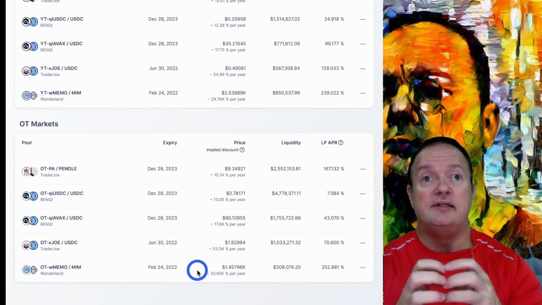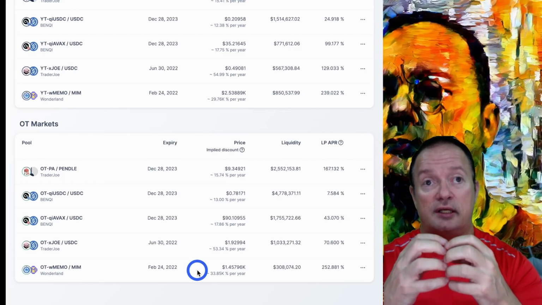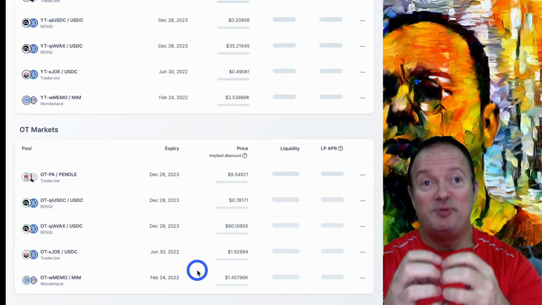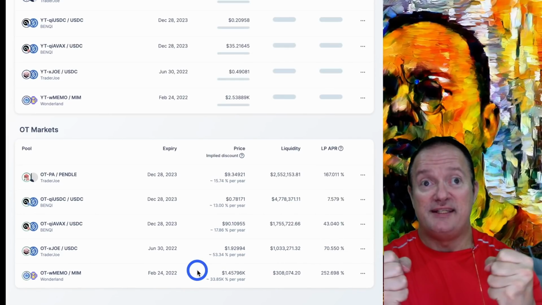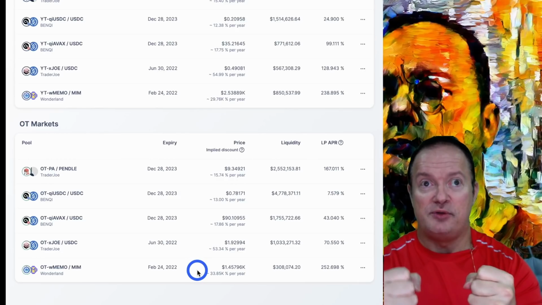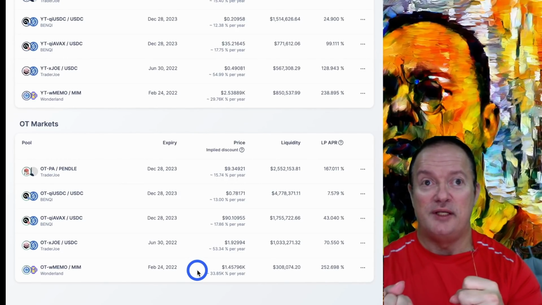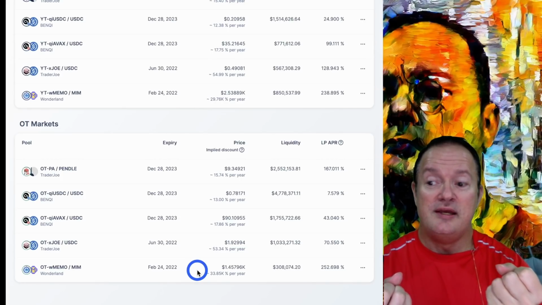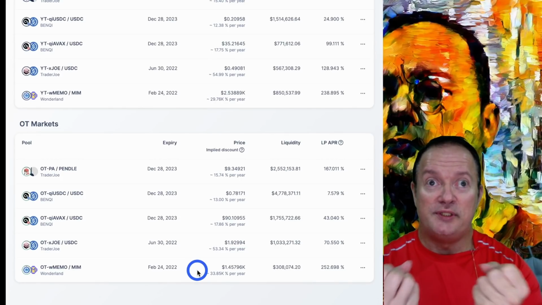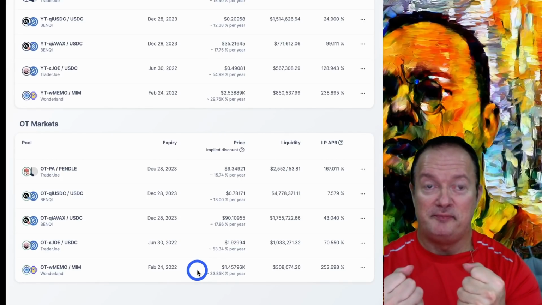So as you can see, the original APY from Wonderland has been split as well, okay? And that's why you can earn on either side, okay? You can earn with the YT token and you can earn on the OT token, all right?